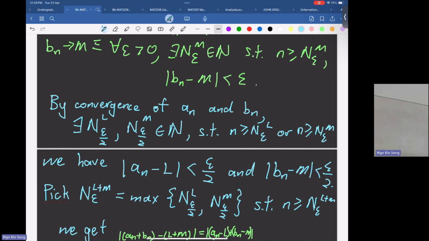Then will the statement still work if one of them is still not? Yeah. So let's say this is true. If this is true, then maybe one of them is not true. But if one of the others is true, then both of them should be true, because these two numbers are either equal, or one is greater than the other. So there are two possibilities for these two numbers, right?